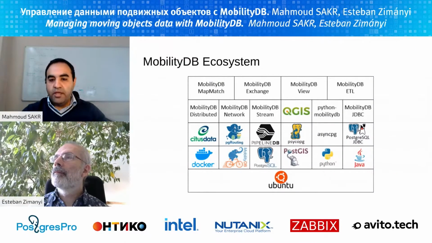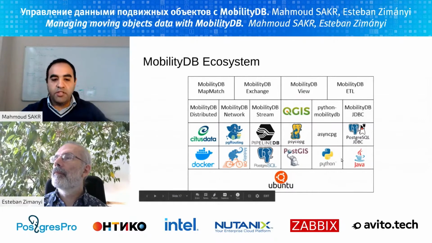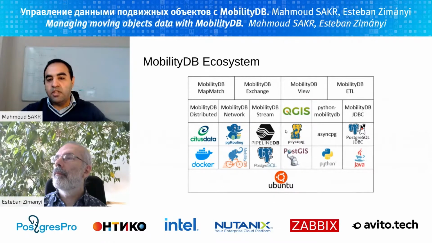In a similar way, MobilityDB integrates with the ecosystem of PostgreSQL. It integrates with Citus for cloud deployment. We will see this today. It integrates with QGIS, for example, for visualization. That's how I created all the visualizations in this presentation. It has a Python driver.